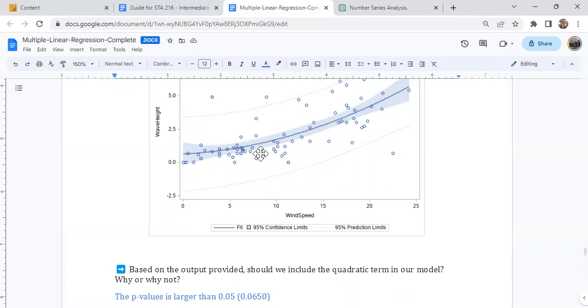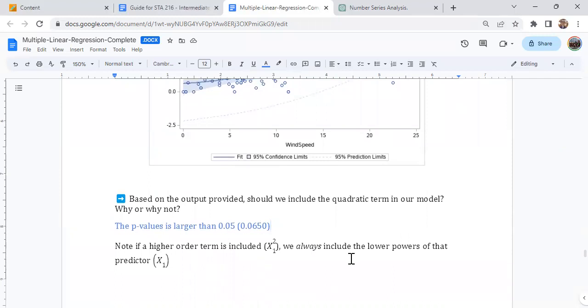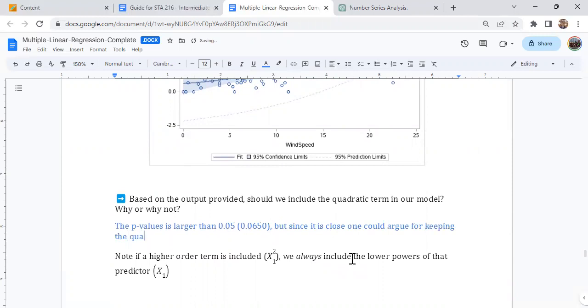So I would say, since it is close, one could argue for keeping the quadratic term in the model.